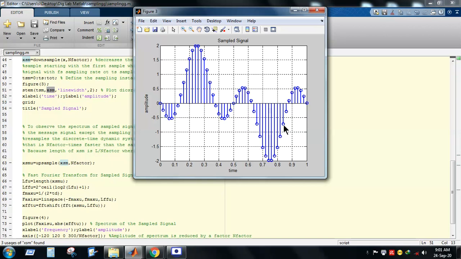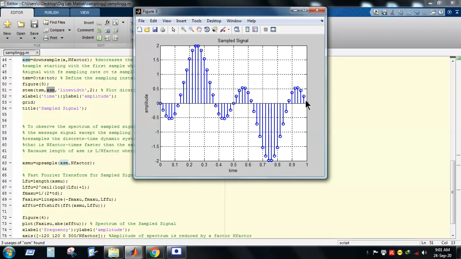Now if we take the Fourier spectrum of it, it will be different from the original one. Why? As per the theory, if we multiply an impulse train with any message signal and observe the spectrum of the corresponding sampled signal, we can see that the spectrum of the original message signal will be shifted to plus minus fs, plus minus 2 fs, plus minus 3 fs, like this.